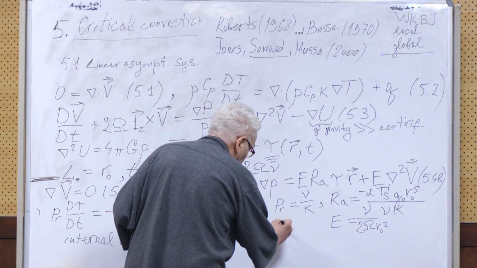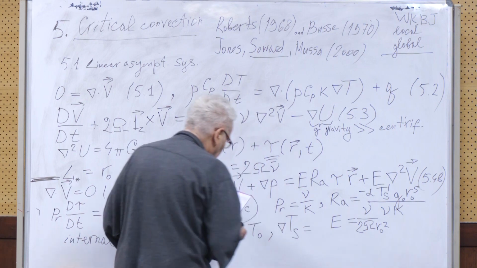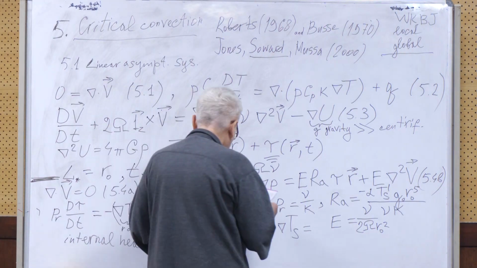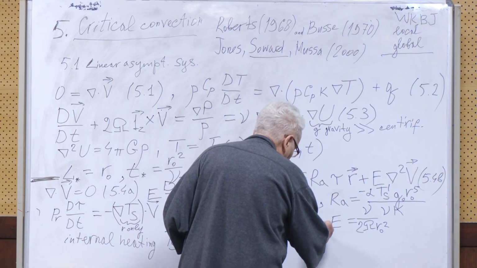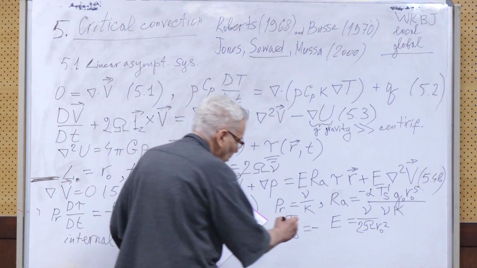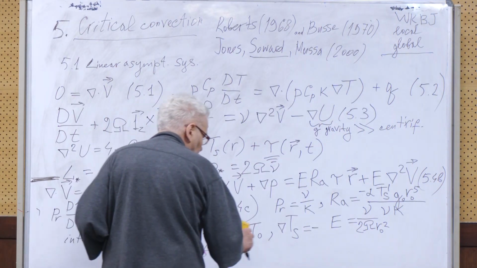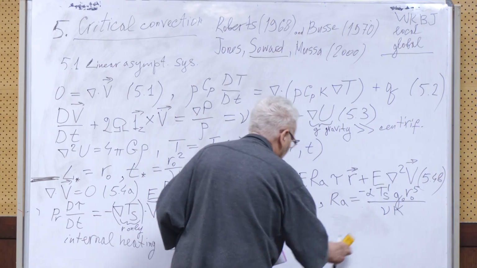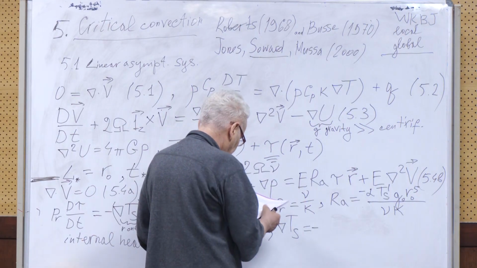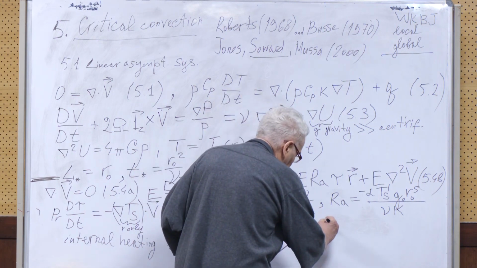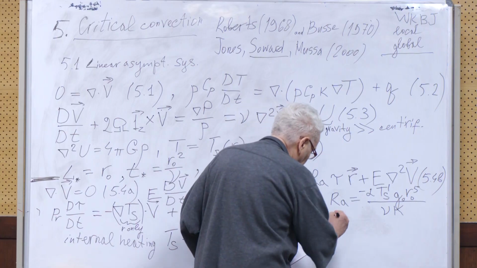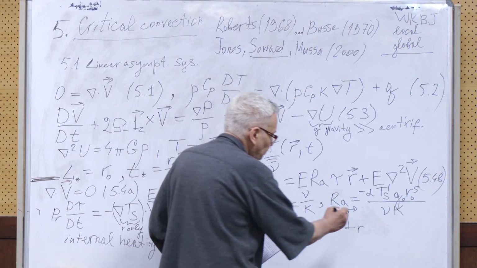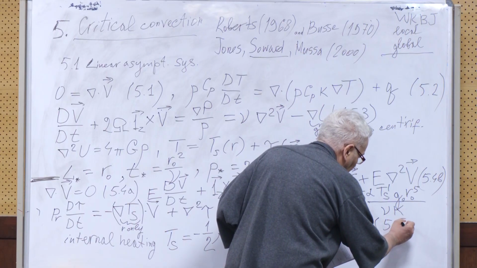And the gradient, because the gradient enters here, is equal, as you easily could see, to minus beta r and the unit vector in the radial direction. It constitutes formula 5A.